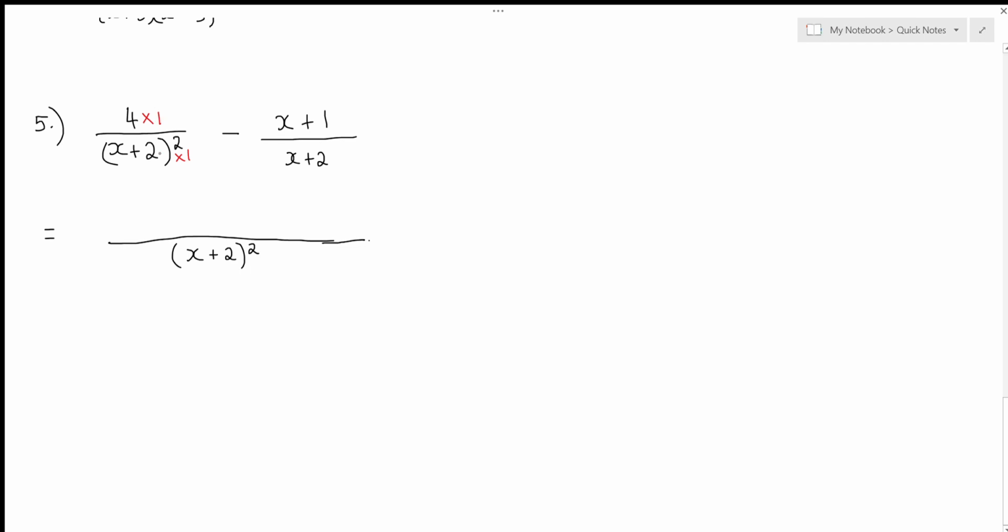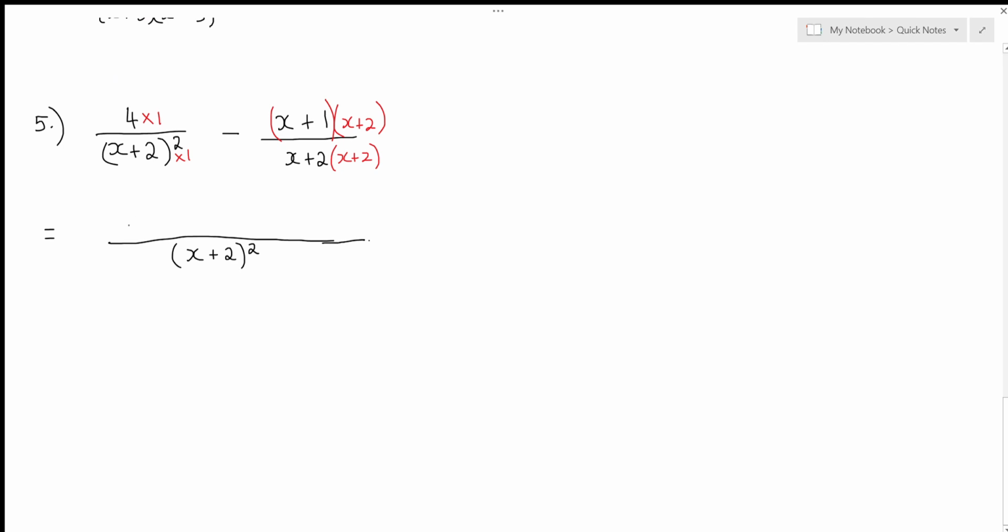So we multiply our numerator by 1. Here we've got x plus 2, and here we have x plus 2 all squared. So we're going to multiply by x plus 2. So therefore we need to multiply our numerator by x plus 2. Okay, so we're going to simplify that in the next step.